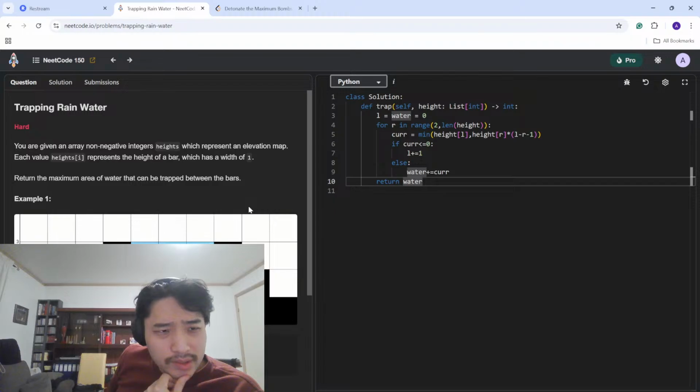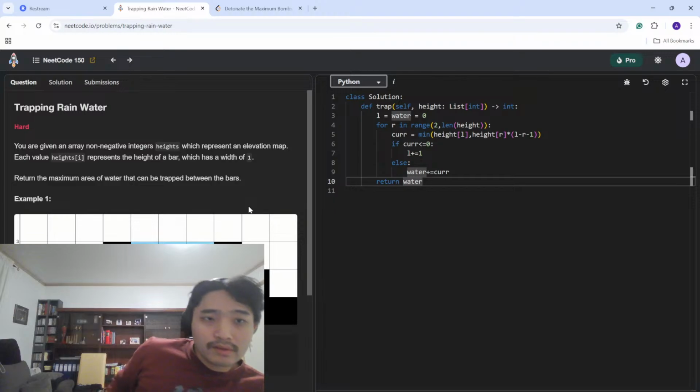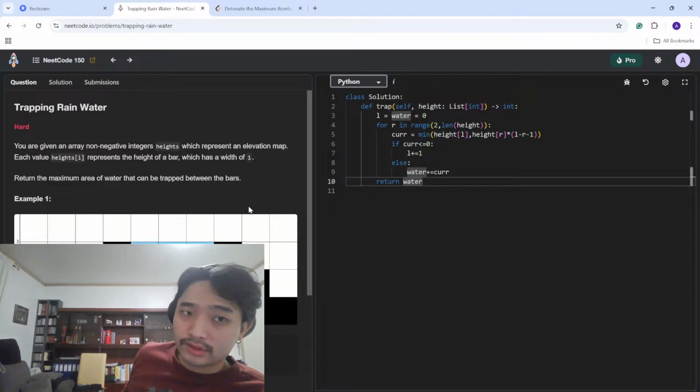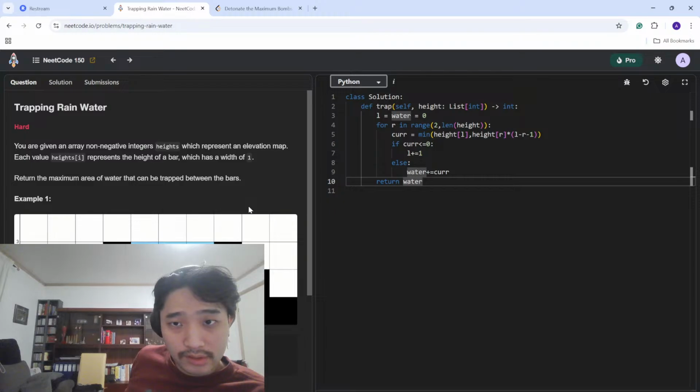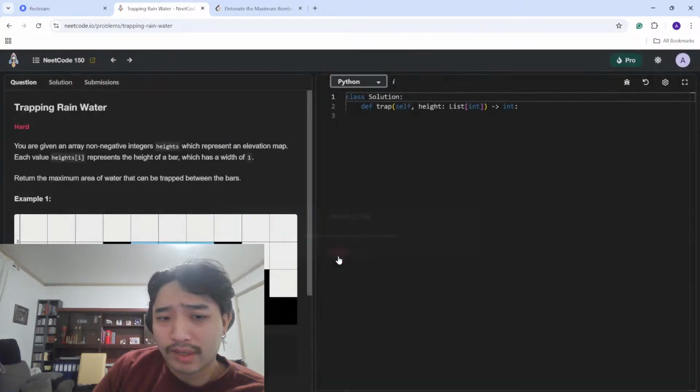Oh, why are they so repetitive? Okay, each value represents the height of the bar which has width. I have a suggestion for it. It's a variation of. I don't know what I did here. I'm not going to bother looking at it.